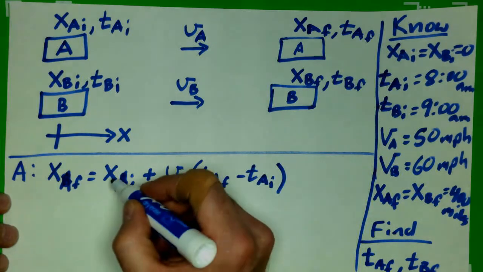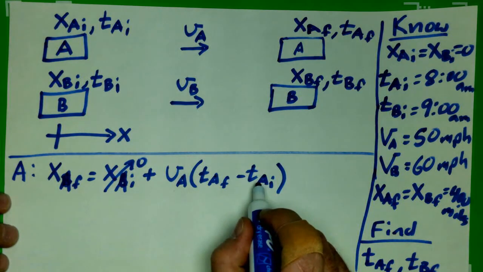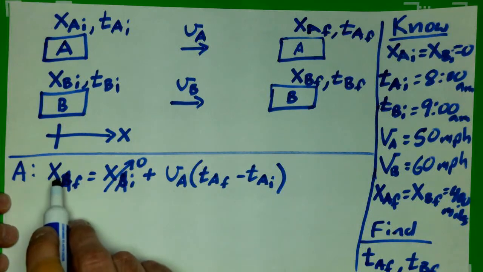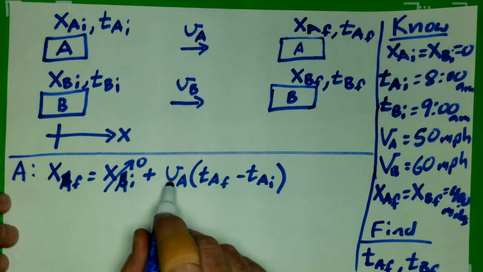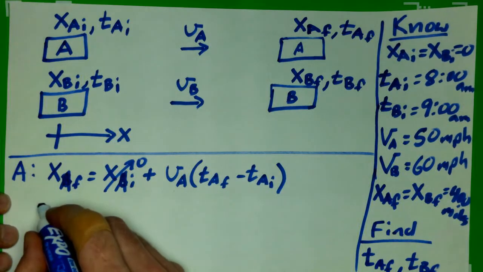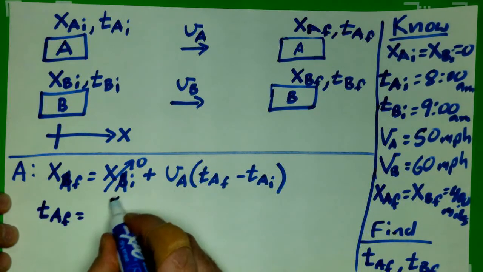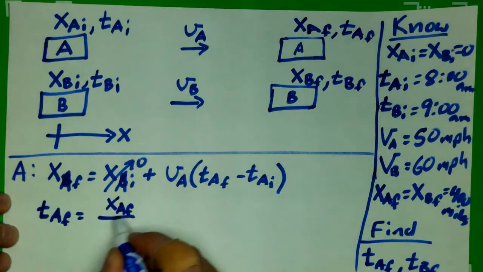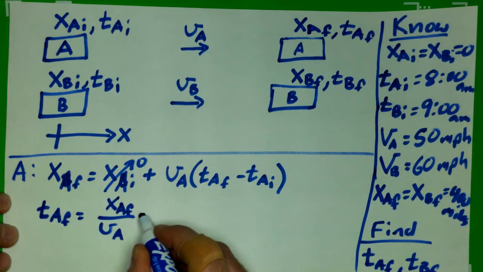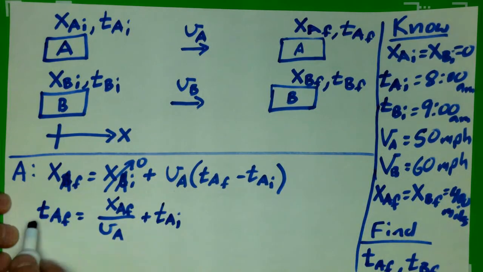Now, our coordinate system says this is 0, so I can mark that out. And our time here, the A, that's 8 o'clock. So we're trying to find this. We know this value, 400. We know that, that's 50. And we know that, it's 8 o'clock. So solving for that, we get T_A final is equal to X_A final over V_A plus T_A initial. And we'd get the same equation for B, plugging in the correct value.